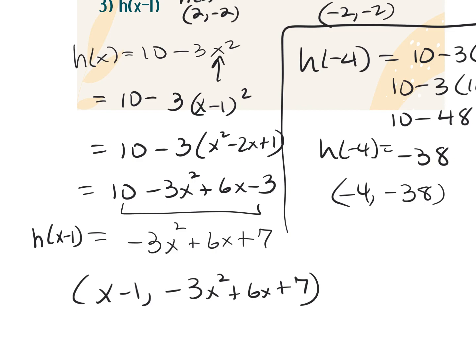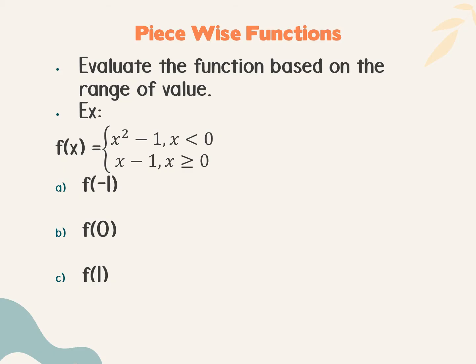All right, next. So this is a piecewise function. Notice the function has two different expressions here. So what they want me to do is whenever the x value, the number that's in the parentheses here, is less than 0, I'm going to use the first equation.